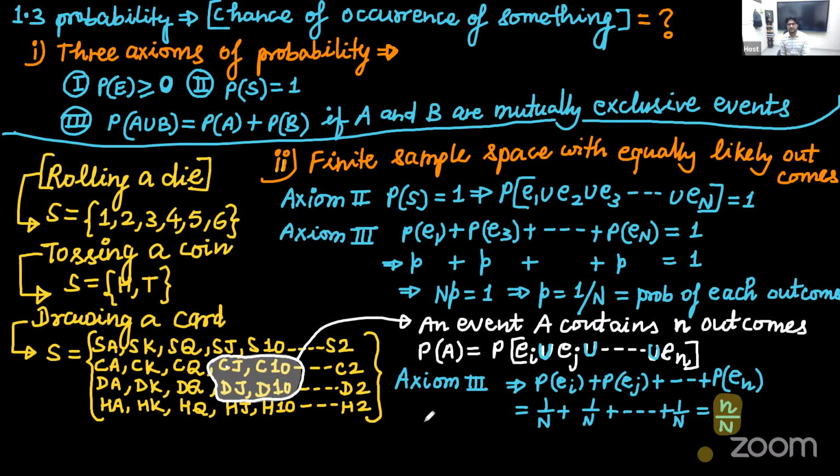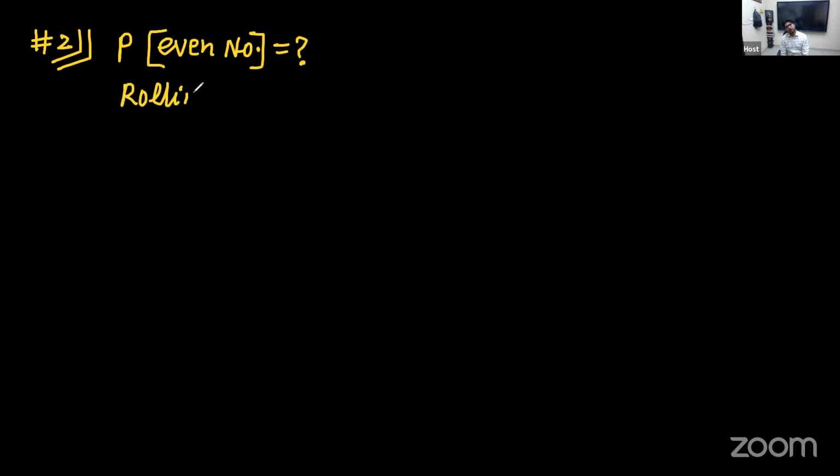So wherever you have a single finite sample space with equally likely outcomes, you can apply this. For example, what is the probability of getting an even number when you roll a die?